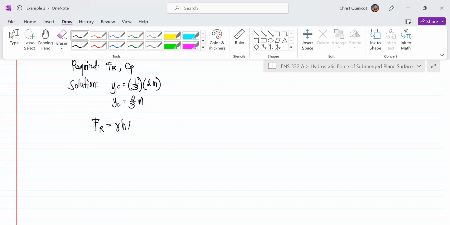We use h. times A is equal to 814 for our density times 9.81 times our centroid 2/3, which is also the depth of that centroid, so 2/3 meters.